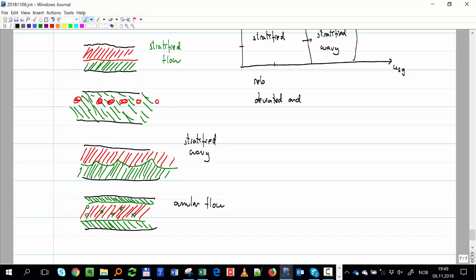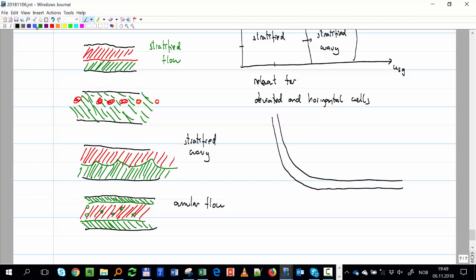These wells go like that, and they perforate your oil layer.